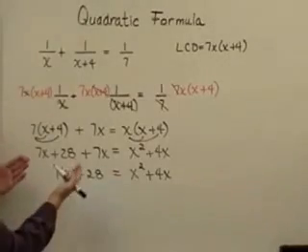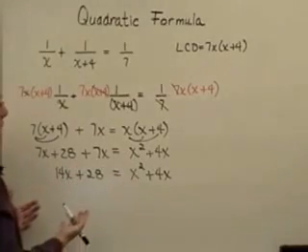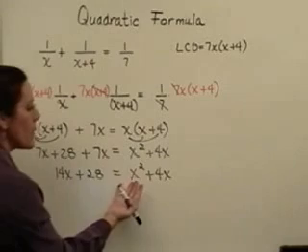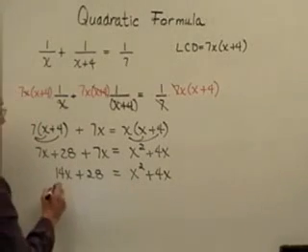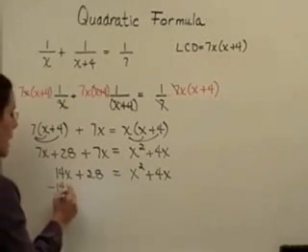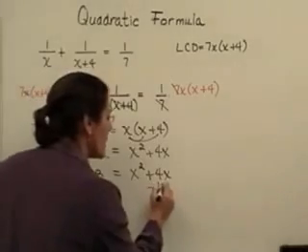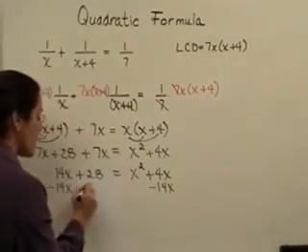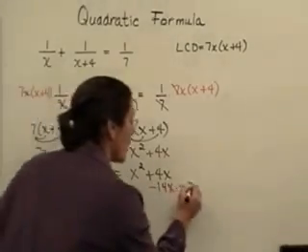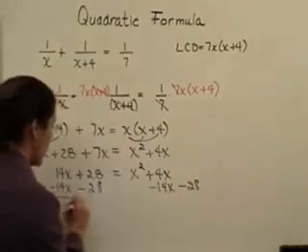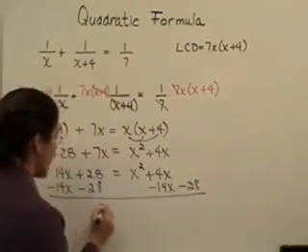Now what I'm going to do is I want to get everything on one side, and I prefer to keep the coefficient in front of my x squared term to be a positive 1. So I'm going to subtract 14x. I'm going to get rid of these two terms, and I'm going to write it down so that I don't make a mistake. I'm going to subtract 28 as well from both sides, and so I have nothing on the left.